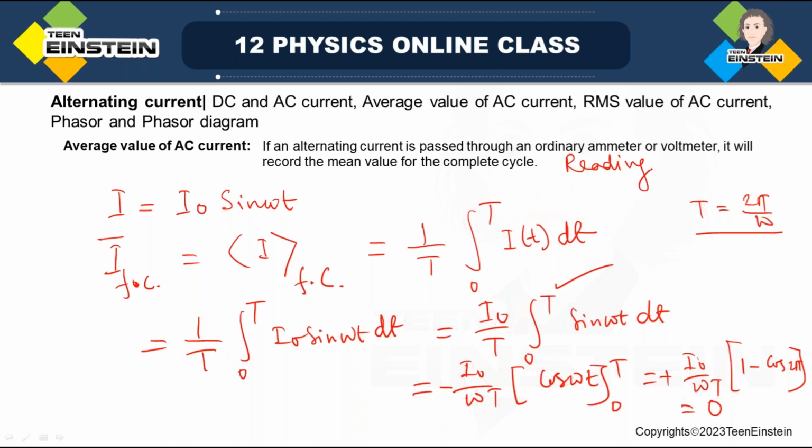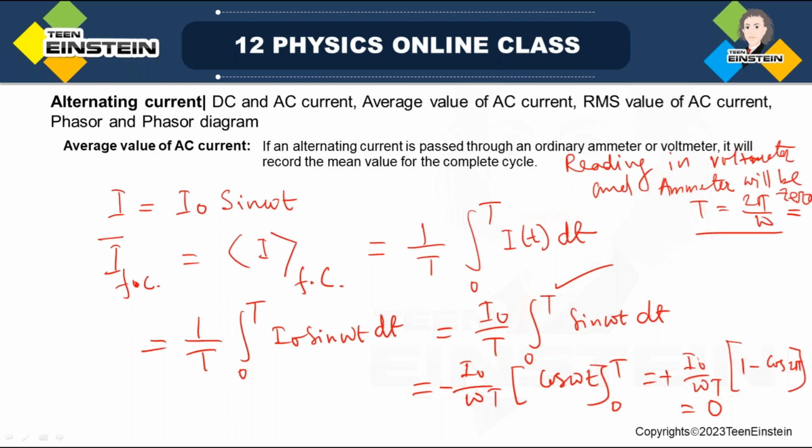Reading in a voltmeter and an ammeter will be 0 in a full cycle.